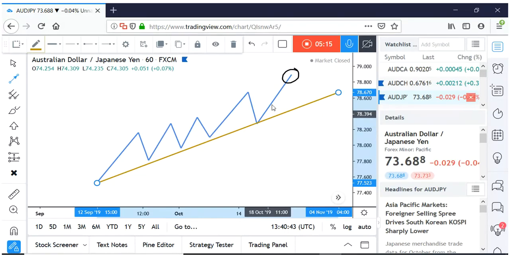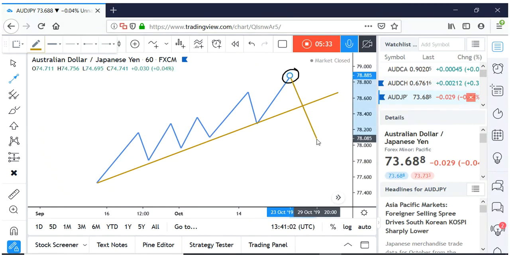So this is when they will decide to take profits on this move from here to here. This is when the bank traders will decide to take profits on that trade. And once they've taken profit on the trade, the market will change direction.